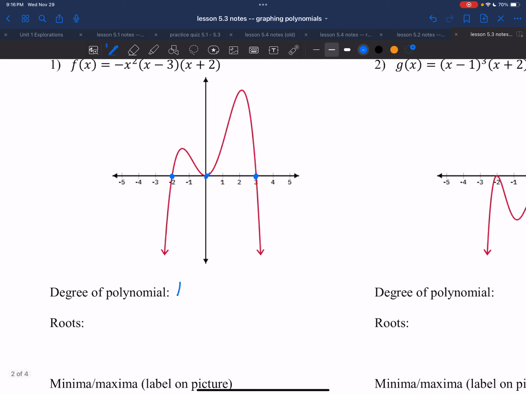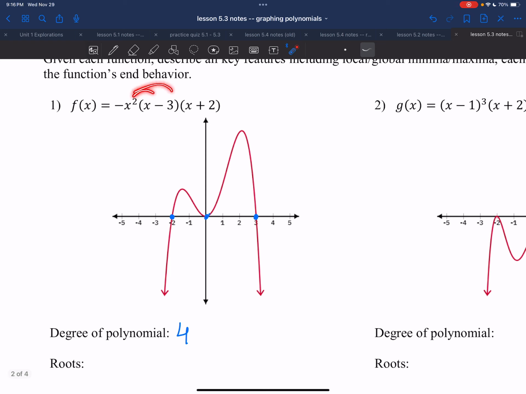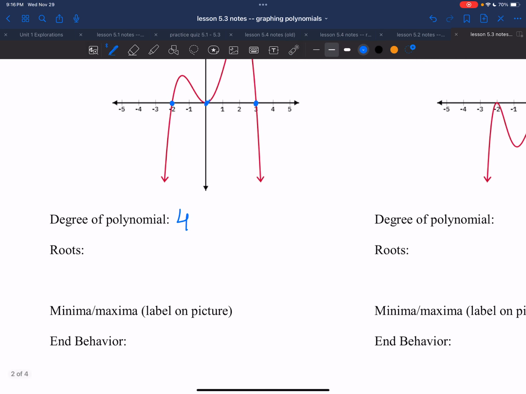So the degree of the polynomial is 4, because when you multiply all this stuff out, which I'm not going to do, but if you distribute these, and then you distribute all that together, you will get x to the 4th as your leading term. Again, I've got some roots. I've got simple roots at -2 and 3.